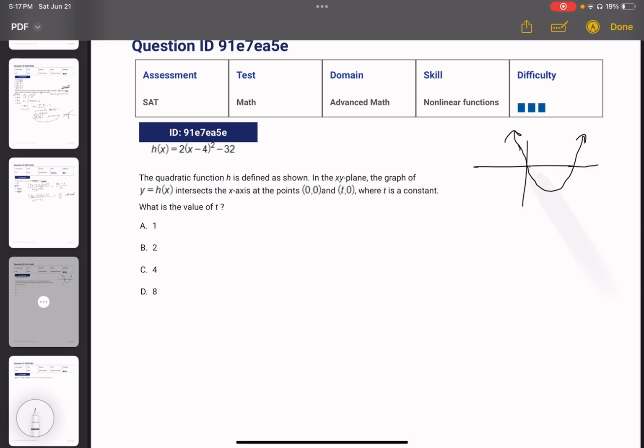And the x-intercepts would be here and here, but we don't know. We know that this is 0, 0, but we don't know what this is. We know it's something, comma 0, because the y value is always going to be 0 at the x-intercepts.